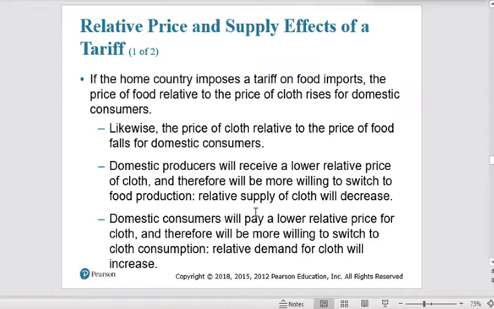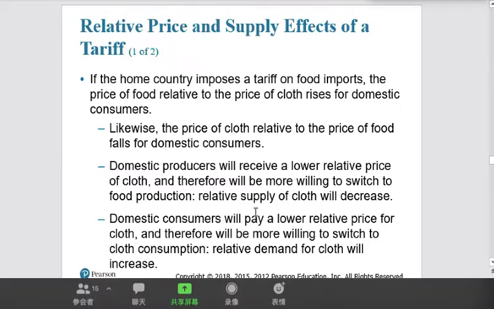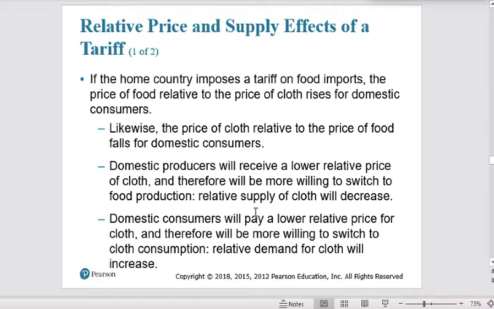And the price of banana will become relatively expensive compared to before. Because there are two goods, clothes and banana, in the country, and the price of clothes does not change, and now the banana price becomes more expensive due to the import tariff, the relative price of clothes will become less.